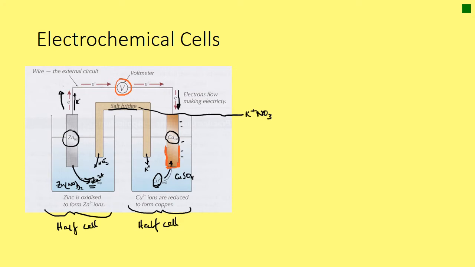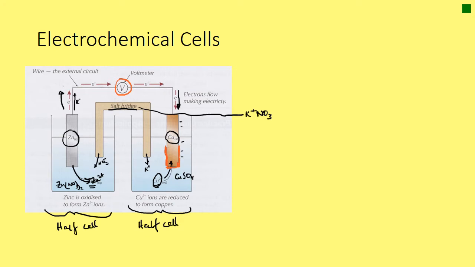Otherwise, if this solution became negative, then these electrons that we want to travel in this direction would be traveling towards a negatively charged solution, and they would refrain from doing so, and we wouldn't get any electricity.